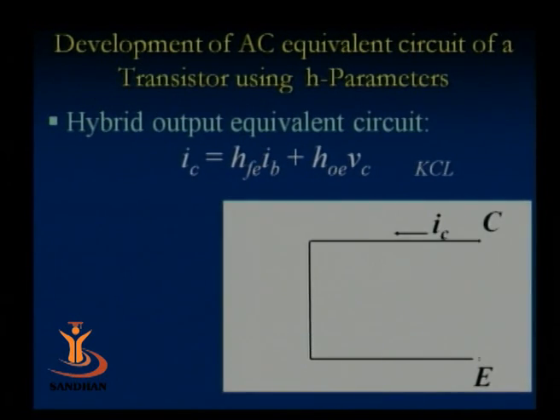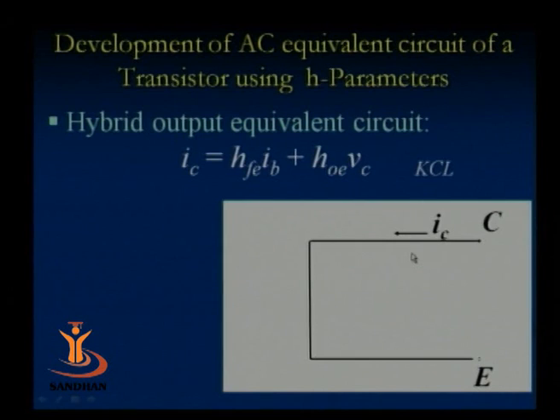For the output section, in terms of H parameters we have the collector current equal to HFE IB plus HOE VC. Here the collector current is flowing through the output network or output port, as we know. So I have shown here the collector and emitter, and a current IC flowing through it.